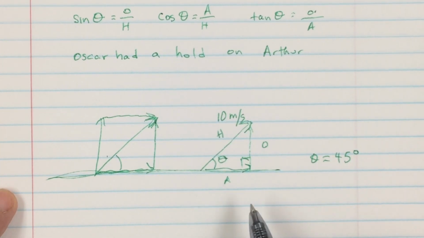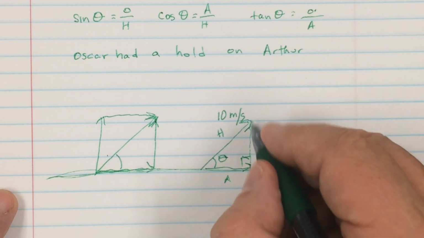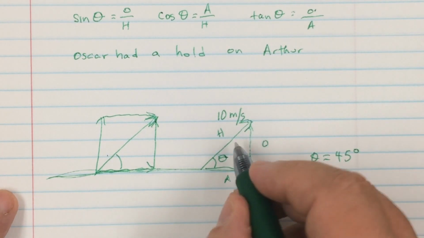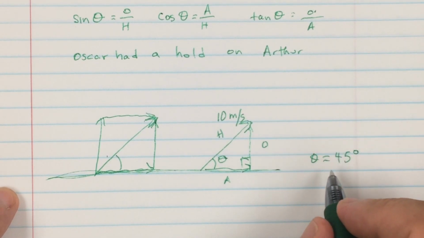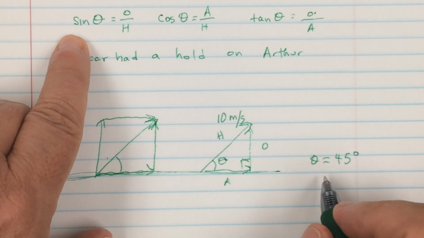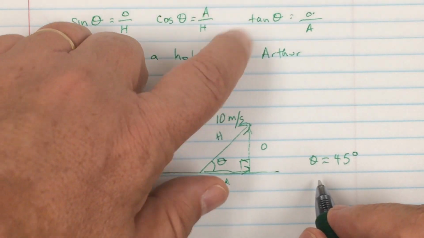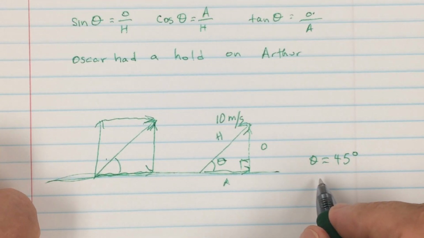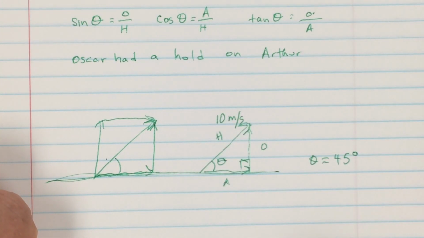How much of that velocity is going straight up, and how much of that velocity is going over? Well, the straight up is O. The straight over is A. Now if you remember my relationships, sine is O over H, cosine is A over H, and tangent is O over A. Now I know H because I've said that I've thrown it at 10 meters per second.